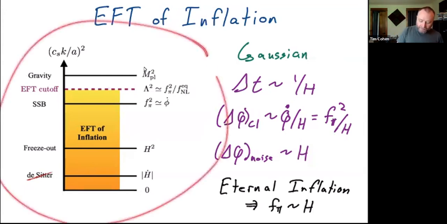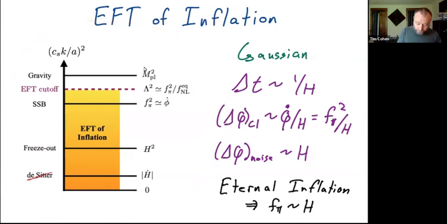And you can see we've laid out the scales. So, gravity is important at scales of order m Planck. But then really where the EFT of inflation becomes relevant is at some high scale. Okay, I'll introduce these parameters as we go along, but this is going to be a parameter that controls primordial non-Gaussianity, which is effectively non-trivial interactions of the inflaton.